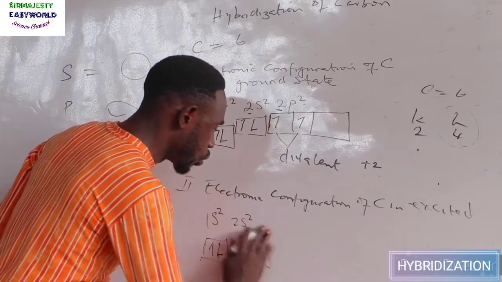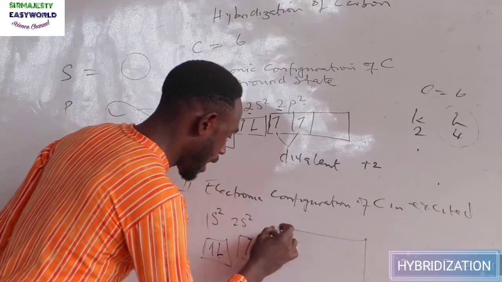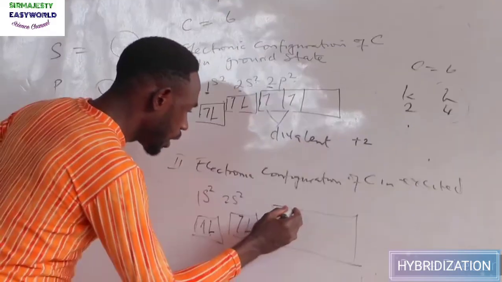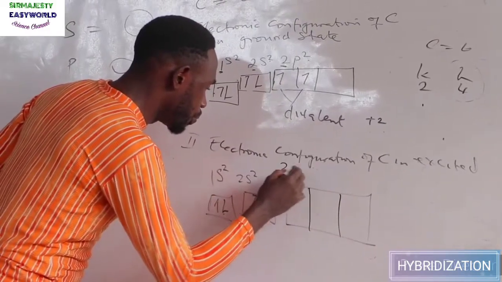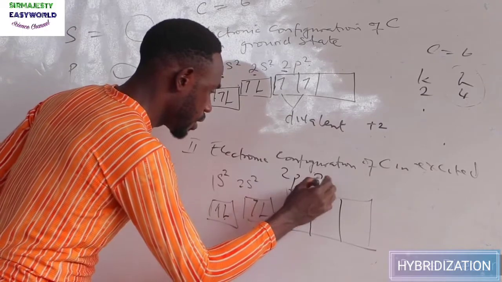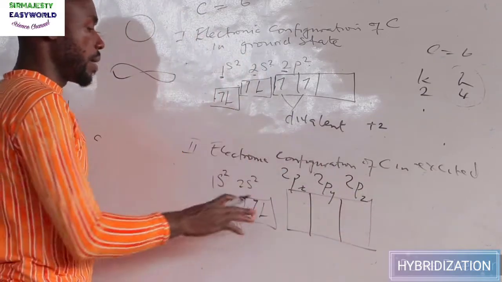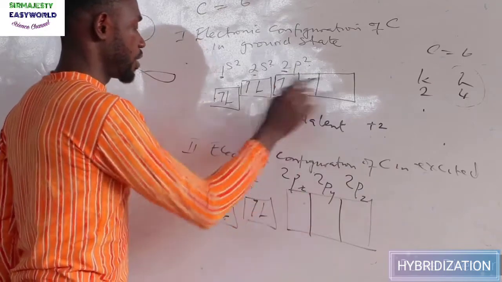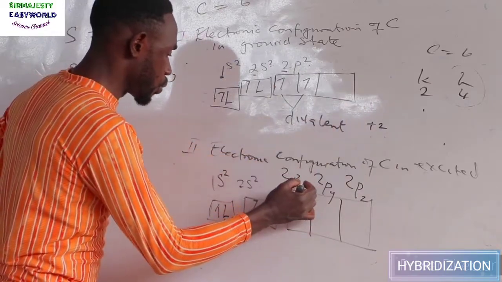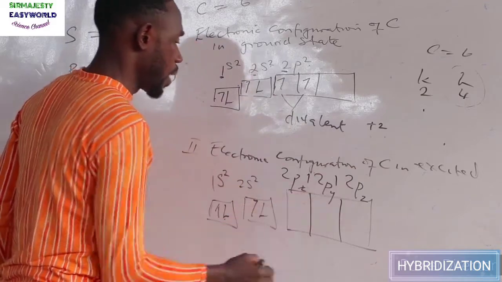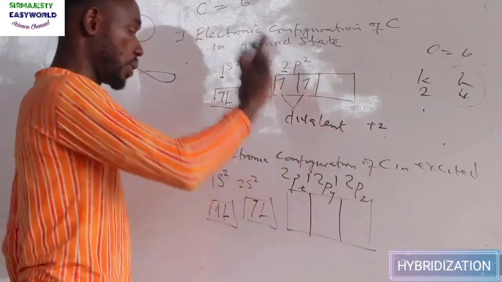Then, instead of having 2p, I have to make it clearer. I will now make it 2px for the first, 2py for the second, and 2pz for the last one. Remember, it's just x, y, and z to distinguish, which means this one will be 2px1, because there is one there, 2py1, and 2pz0 in ground state.